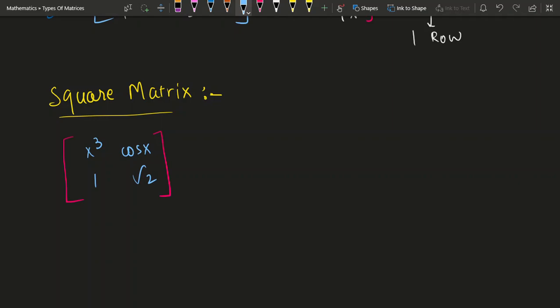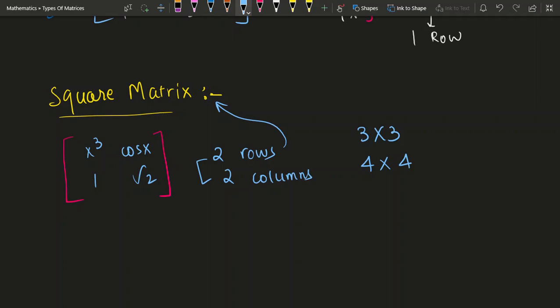This matrix has 2 rows and 2 columns, and since it has equal length and breadth, sort of, it's not a geometric figure, but still you can consider it as having equal lengths and breadths, you call it a square matrix. You could have a 3 by 3 square matrix, a 4 by 4 square matrix, and so on and so forth.